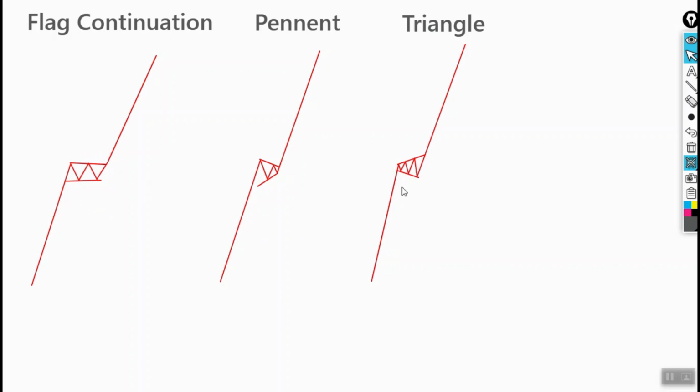The same goes for the triangles, which you'll find on the 1 hour, the 15, and sometimes, not always, on the 4 hour. The pennant is much tighter compared to the flag, and the triangle's name explains itself.